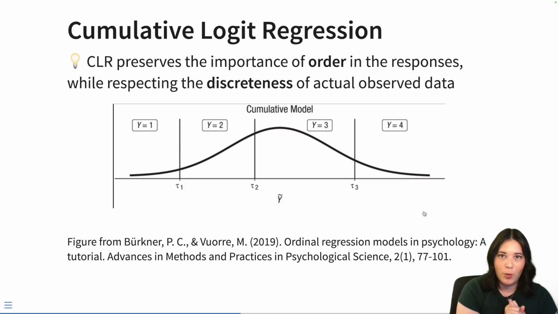Now, something that'll be important in the next section is that we're assuming that predictors, sometimes called covariates, have this kind of continuous effect on the latent amount of agreement you have.